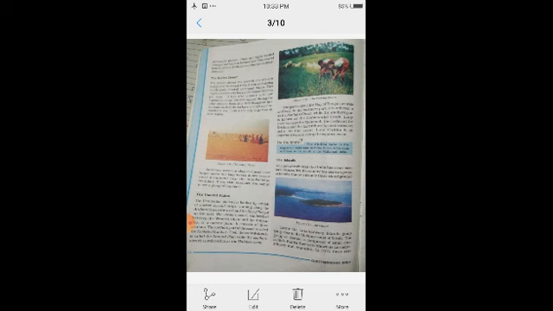Then Western Ghat and Eastern Ghat, we have seen their heights. In short, we will again discuss the Western Ghat. These are parallel to what? Western coast. Western Ghat is parallel to the western coast.